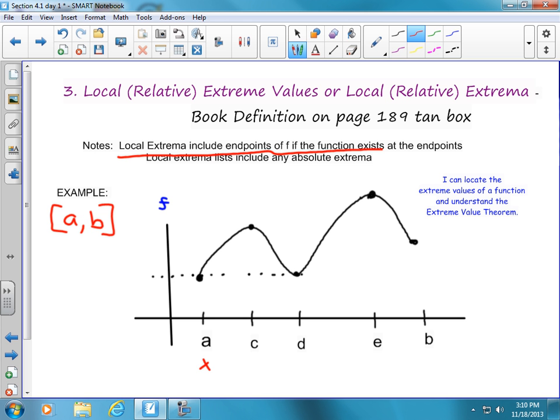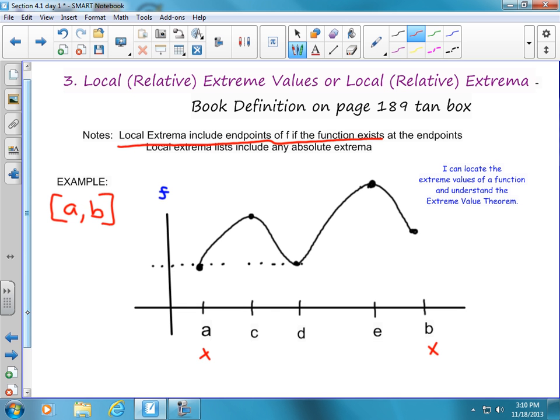So here and here, we would definitely have local extrema, and also at all the other points that are listed on the graph. And this one is a continuous and closed interval, so we are guaranteed global or absolute maximums and minimums.